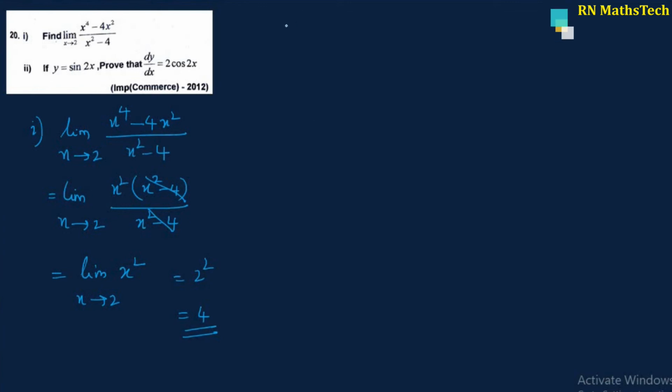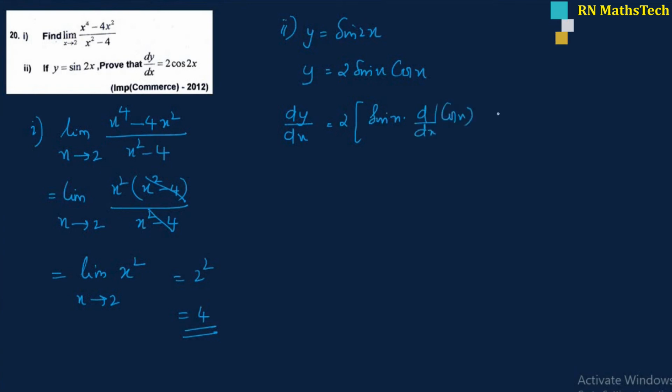Next one, second part, if y is equal to sine 2x, prove that dy by dx is equal to 2 cos 2x. See, sine 2x can be written as 2 sin x cos x. Derivative dy by dx is equal to, by product rule, 2 is a constant, first function sin x into d by dx of cos x plus second function cos x into d by dx of sin x.